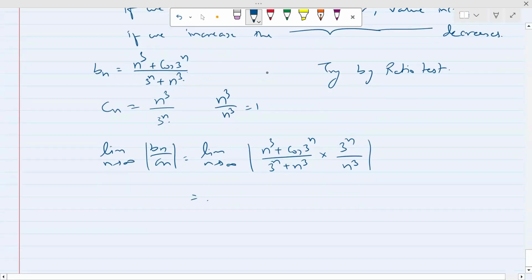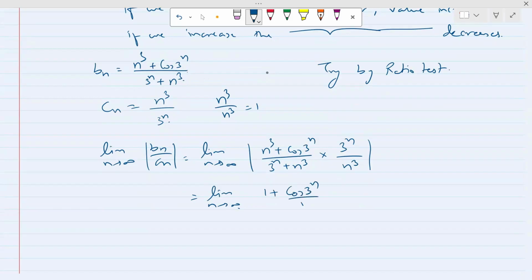So what is this limit? Does this limit exist? So you divide by n cube, what you will get is 1 plus cos 3 raised to n upon n cube, and you divide this part by 3 raised to n.